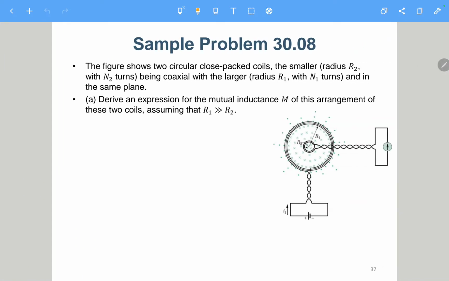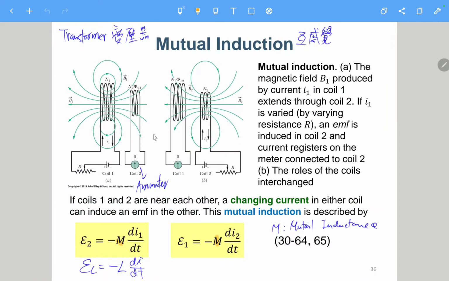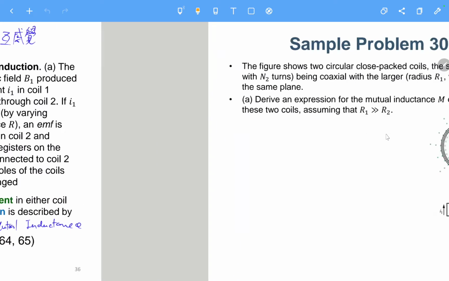Okay, so here let's see a sample problem to see what it really means. The second experiment about magnetic induction is quite similar to this setup and also related to this mutual inductance.